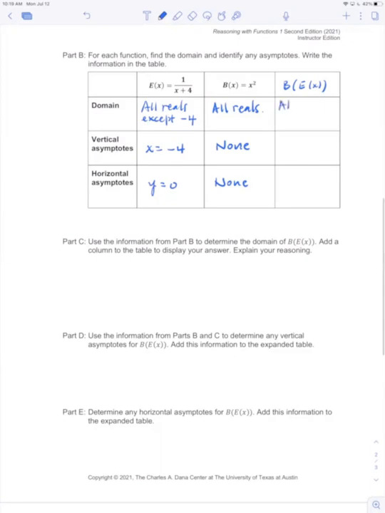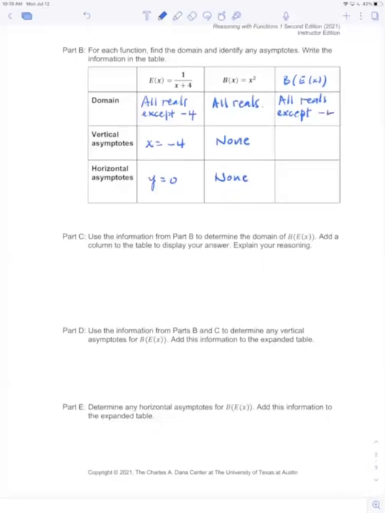So let's write all reals except -4. For a vertical asymptote, there's going to be one at x equals -4. And horizontal asymptote, y equals 0.